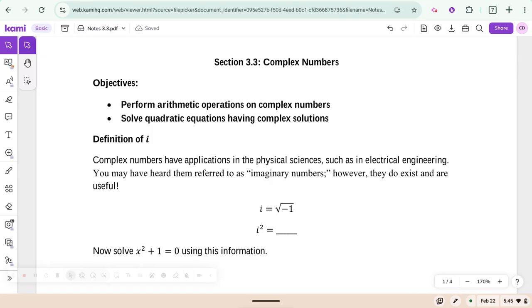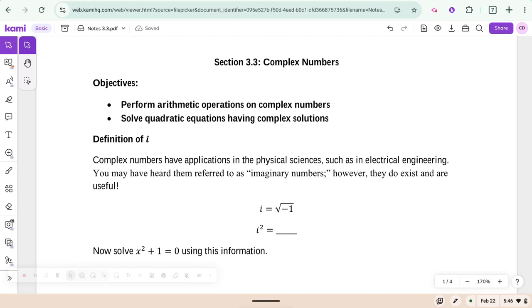The name imaginary numbers tends to make you think that there is no practical purpose for these numbers, but in fact, there certainly is. For much of our purposes, the introduction of i and imaginary numbers is just going to allow us to continue mathematics when we approach the square root of a negative number.